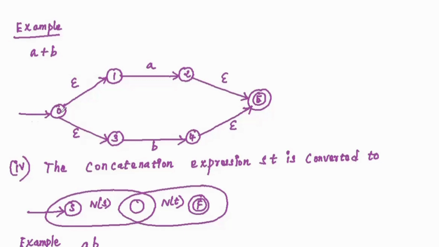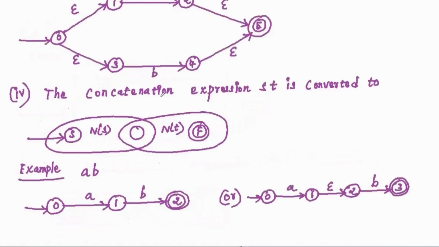If the path leads to state 1, it continues by following the input A to reach state 2 and then state 5 through an epsilon transition. Likewise, if the path goes to state 3, it continues by following the input B to reach state 4 and then proceeds to the final state 5 through an epsilon transition.